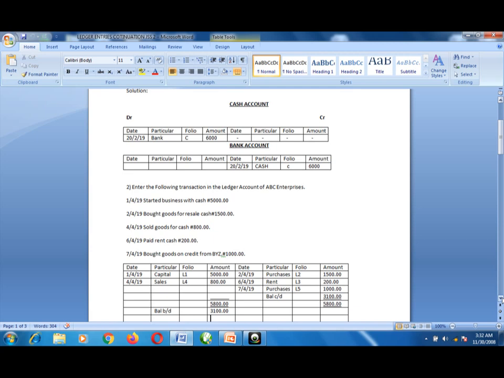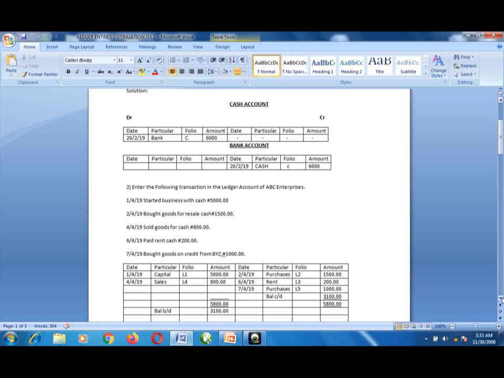When you want to prepare that account, you follow your double entry principle: debit side and credit side, with the same headings, date, particular, folio, amount at the debit side, and date, particular, folio, amount at the credit side. When you start your posting, you start with capital, that means the money that you used to start the business. Under the date, you write 1/4/2019.